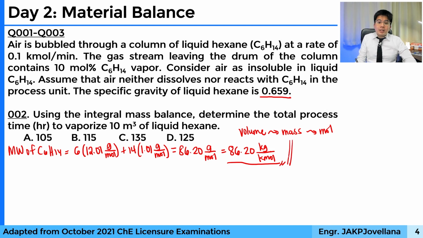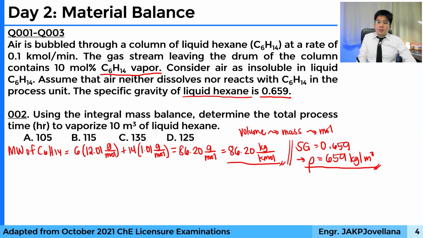Next, the specific gravity of liquid hexane, Sg, is equal to 0.659. And this can be translated to a density of 659 kilograms per cubic meter, using water as our reference fluid. Take note that the vapor hexane that leaves the unit is equal to the amount of liquid hexane that is lost in the drum.